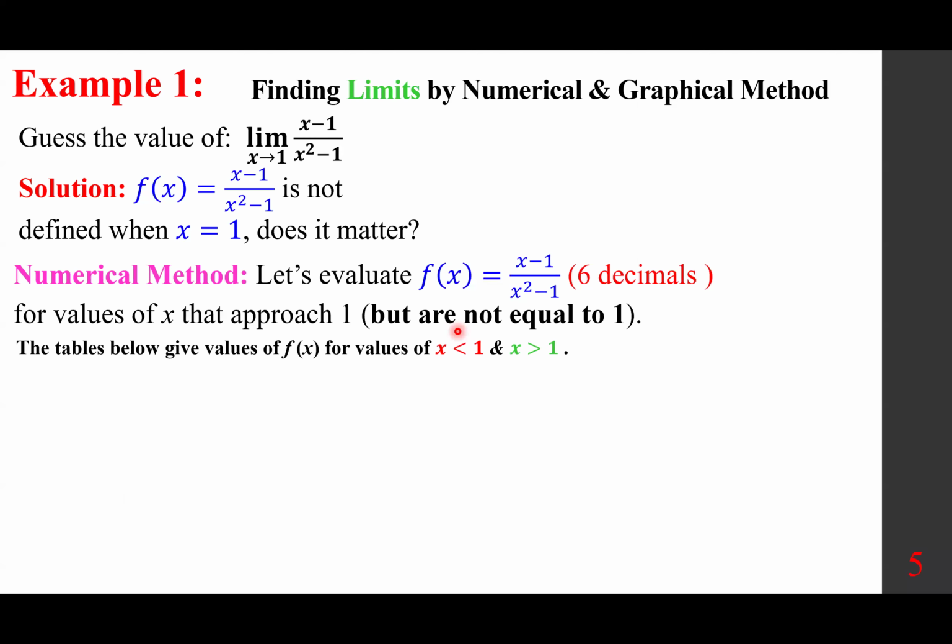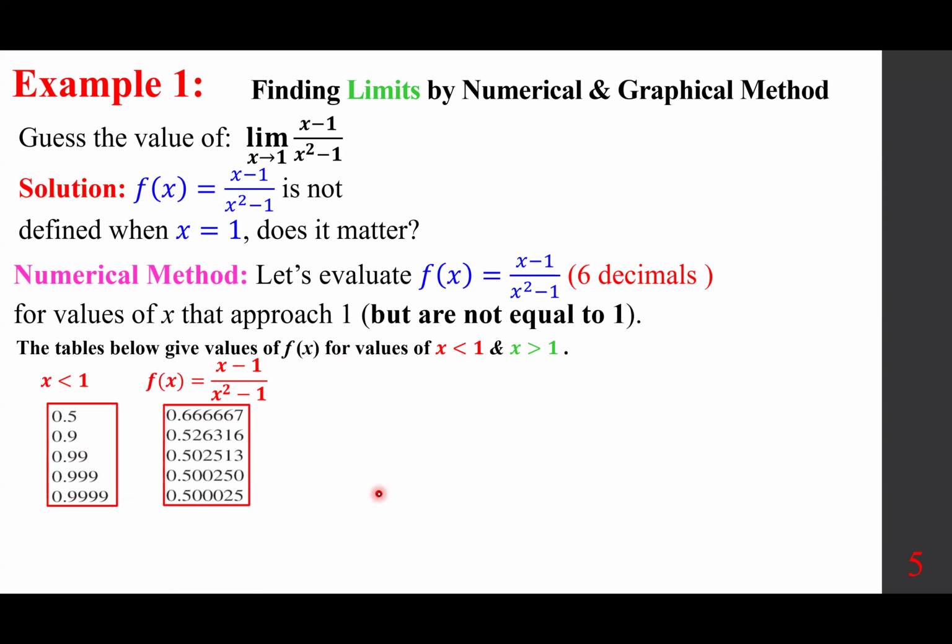The tables below give values of f of x for values of x less than 1 and larger than 1. So for x less than 1, for example, 0.5, 0.6, 0.7, 0.8, even 0.9 is way off. So we add more nines after the decimal. We evaluate the function and we make a note of it.